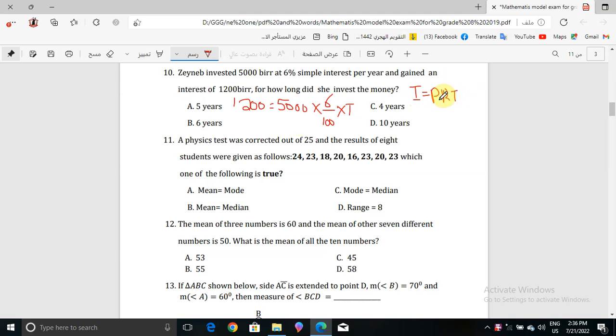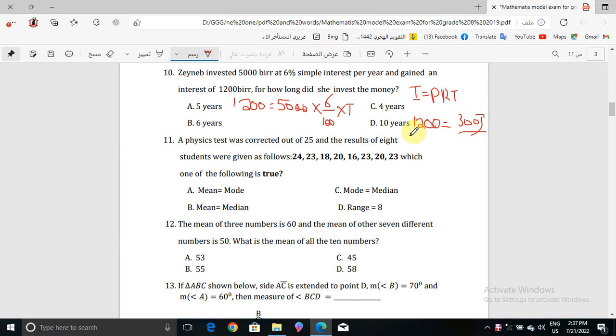So 1,200 is the interest and the rest are given except t, right? So we are going to find the time, or the years. Now we will cut 2 zeros by 2 zeros, then 50 times 6 is equal to 300. So 1,200 is equal to 300t.